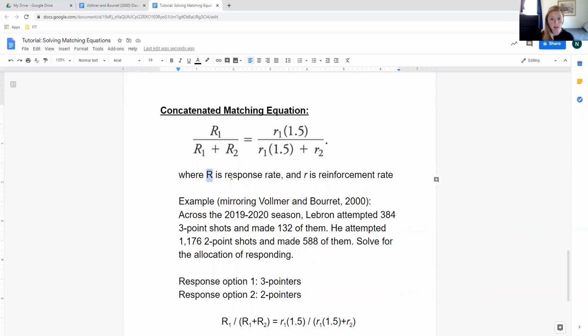Our capital R represents response rate, and our lowercase italic r represents reinforcement rate. Another way you could know, if you were to forget, is that the one that has this multiplier right here, the concatenated modification, is the reinforcement rate, because the reinforcer is what differs across those two available response options. So just a heads up for that.